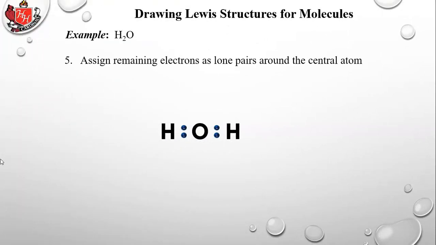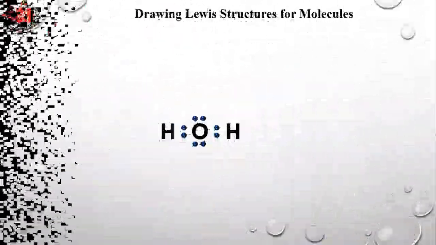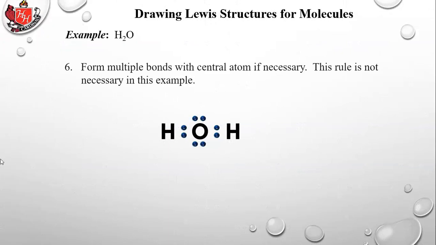Assign remaining electrons as lone pairs around the central atom. So there we go, we just did that. Rule 6. Form multiple bonds with the central atom if necessary, but this rule is not necessary in this example. So this is a complete Lewis dot structure for a water molecule.